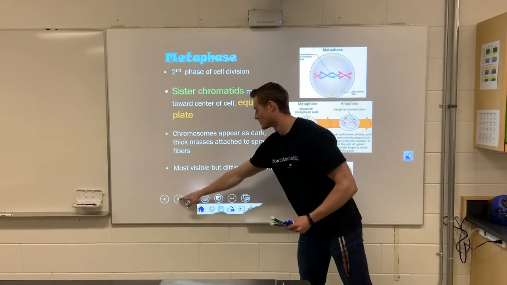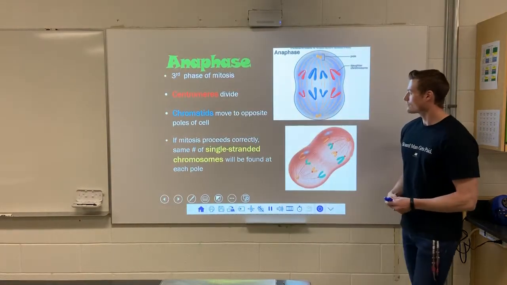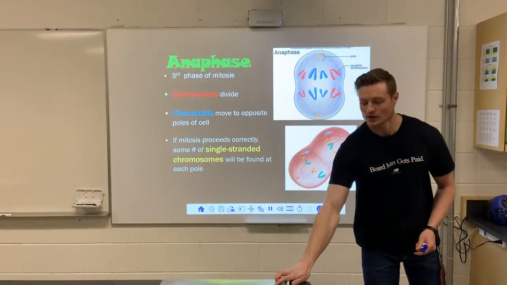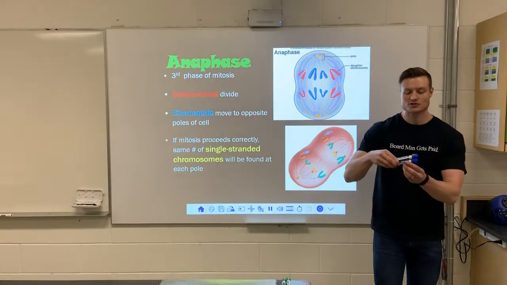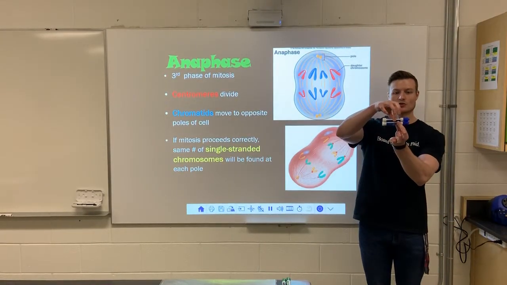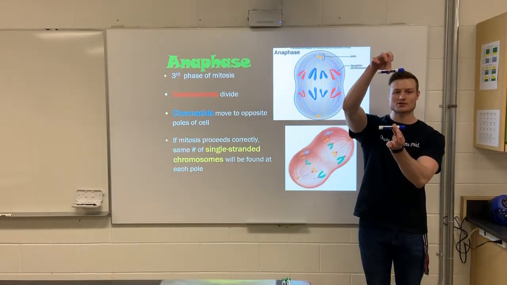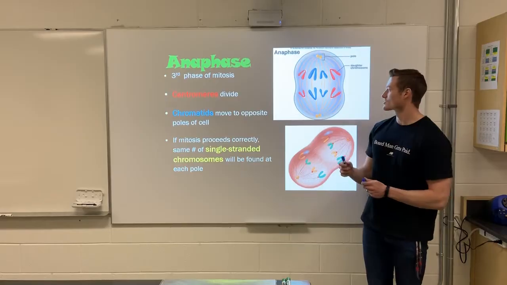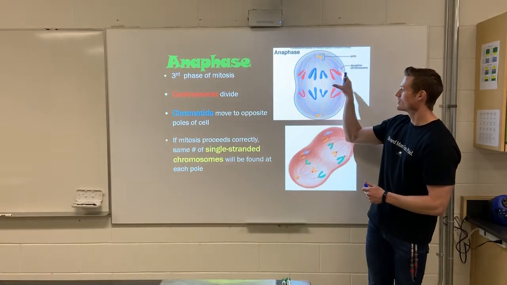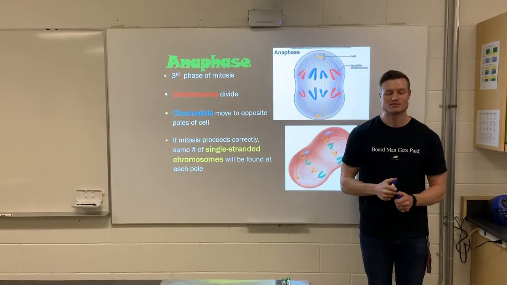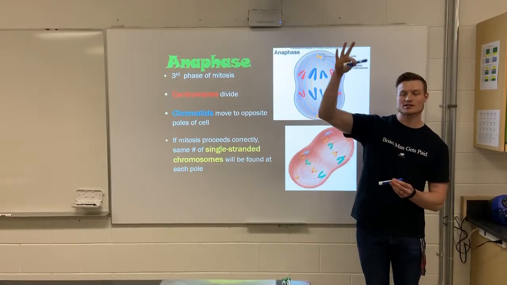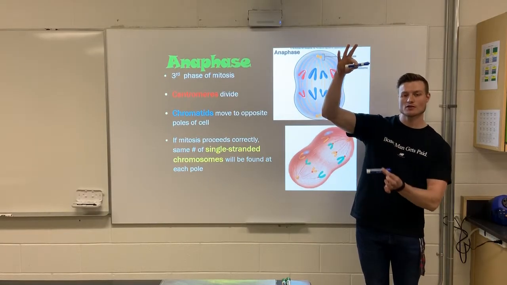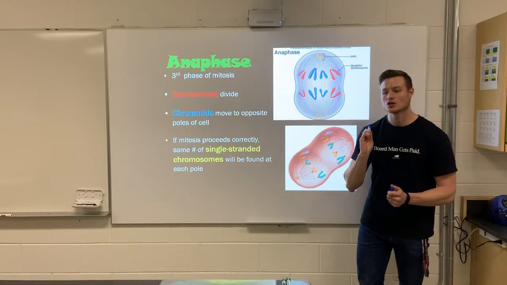Often they get confused. Okay, anaphase is now when we start pulling the chromosomes apart. So now we're going to pull. So one chromatid goes this way, one chromatid goes this way, and now what's essentially happening is you're splitting the sister chromatids, meaning now 46 single-stranded chromosomes go this way, 46 single-stranded chromosomes go the other way.